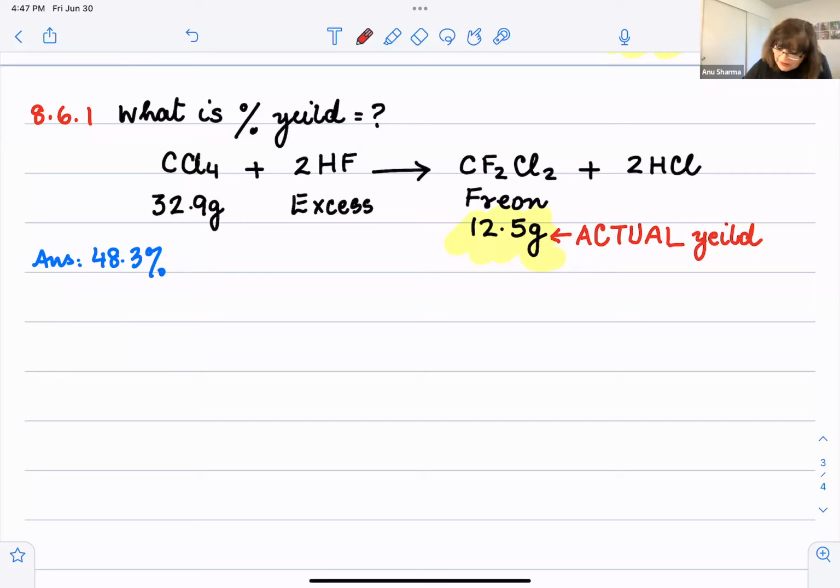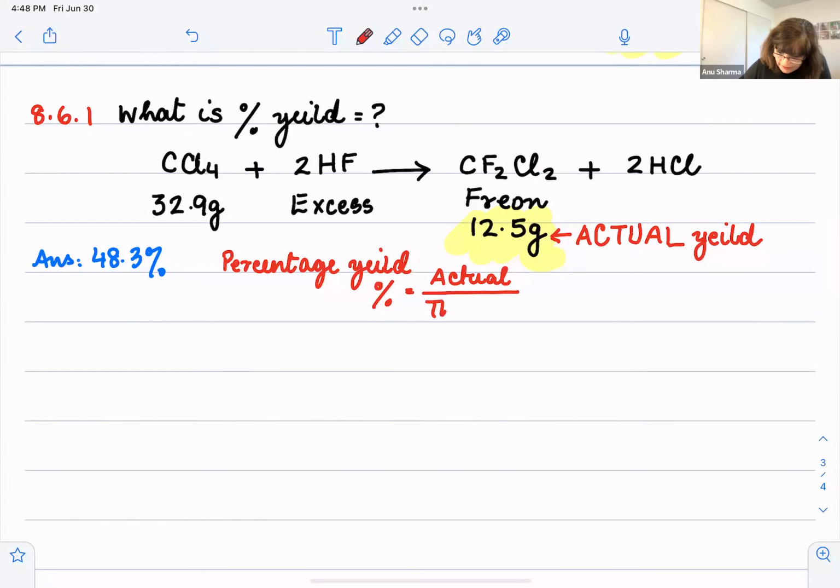So the formula is percentage yield is equal to actual yield, actual amount in grams, over the theoretical, times 100%.